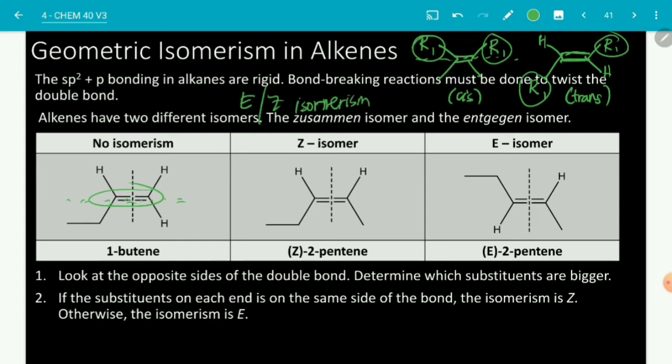Or EZ notation. Okay? So, paano tayo nag-execute ng EZ notation sa isang particular alkene? So, una natin gagawin, for example, meron tayo nito. Okay? Tingnan muna natin yung double bond, tapos mag-create tayo ng line na perpendicular dun sa carbon-carbon double bond. Okay? Tapos, let's look first in this side.